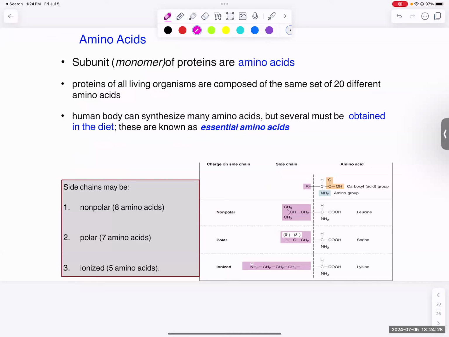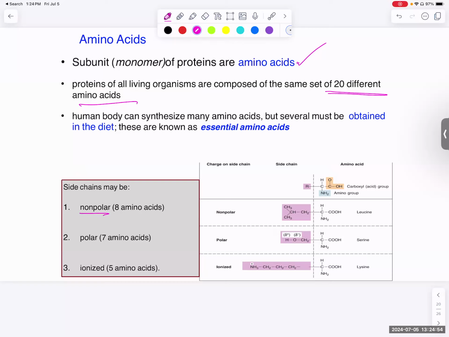So amino acids are subunits or monomers of proteins. Proteins in all living organisms are going to have the same 20 amino acids. They're just assembled differently next to one another. They're different combinations. And so those different combinations are going to cause the protein to fold or become a different shape.